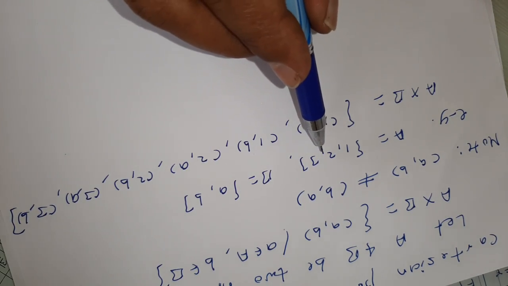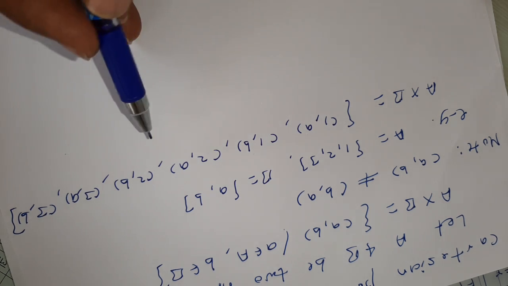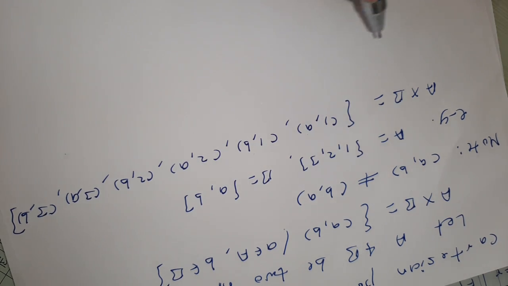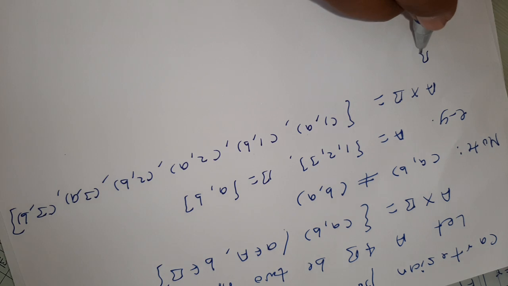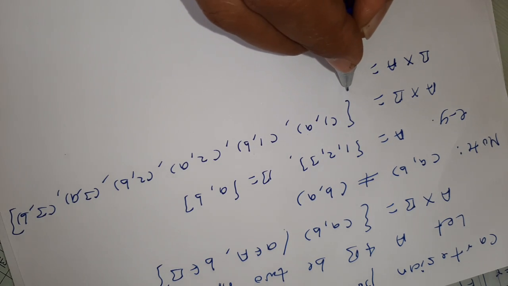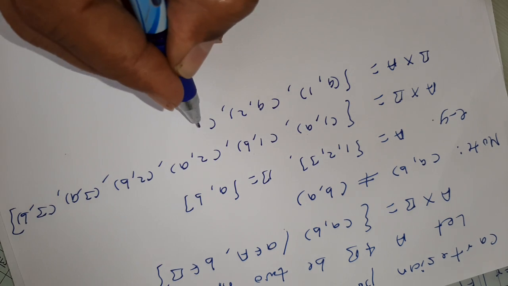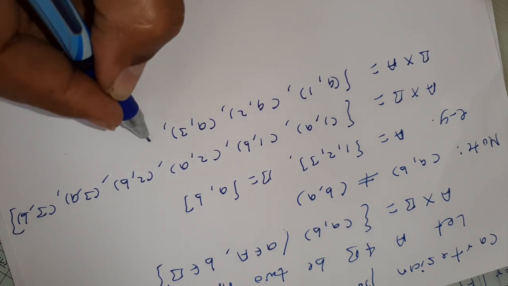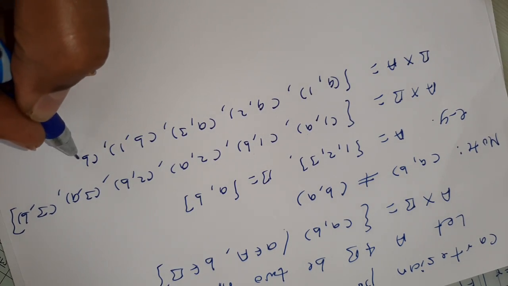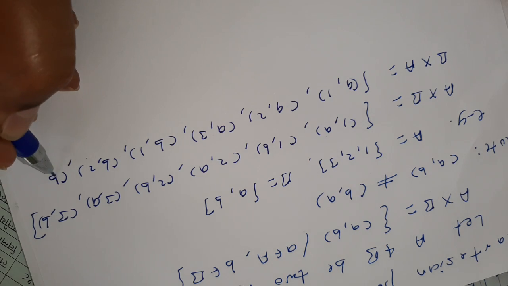A contains 3 elements, B contains 2 elements, A cross B contains 6 elements. These are the ordered pairs. What is B cross A? Ordered pairs (a, 1), (a, 2), (a, 3), (b, 1), (b, 2) and (b, 3).